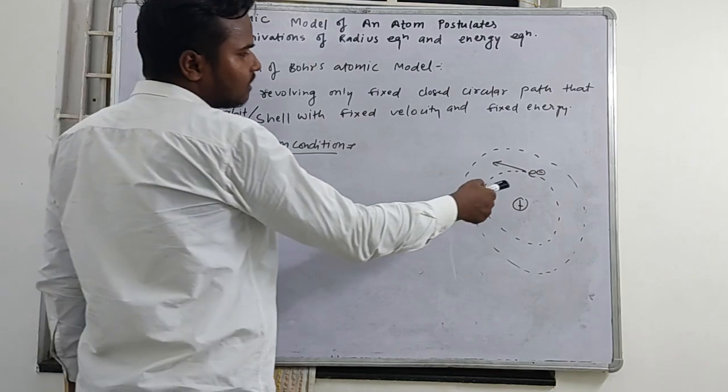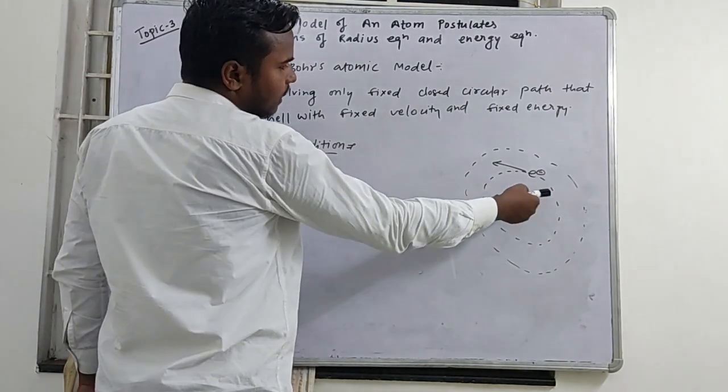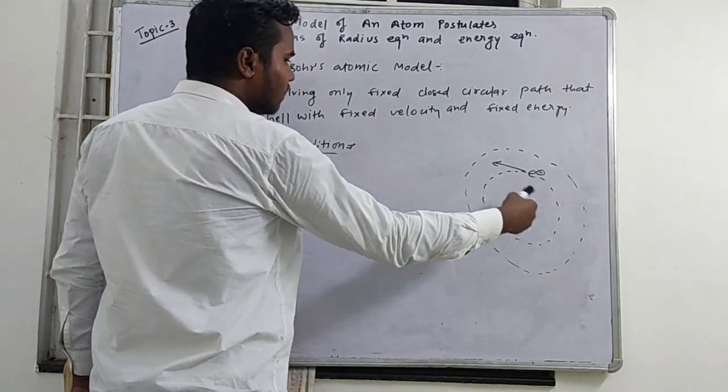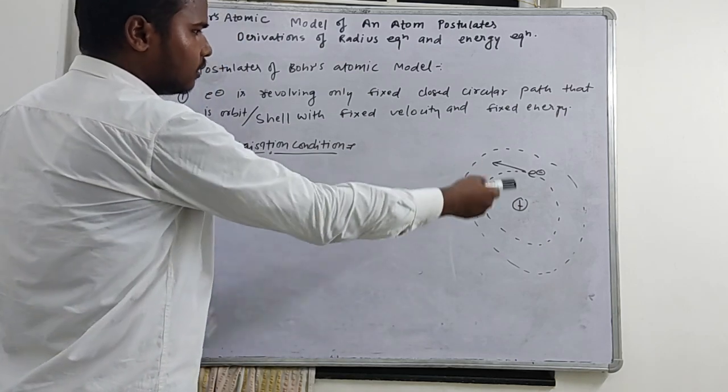Means the electron is not revolving anywhere around the nucleus or anywhere in space.